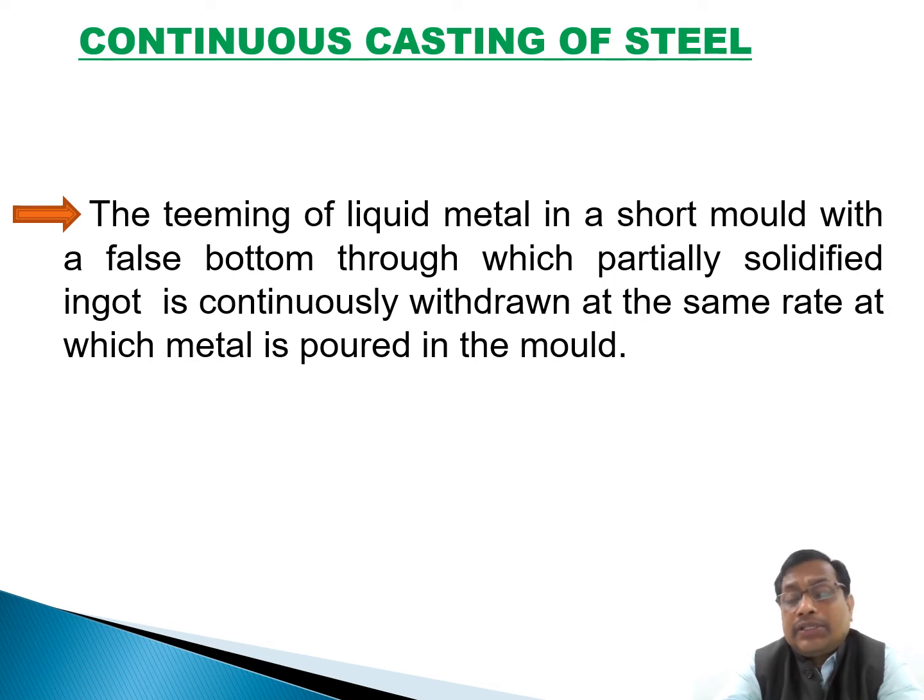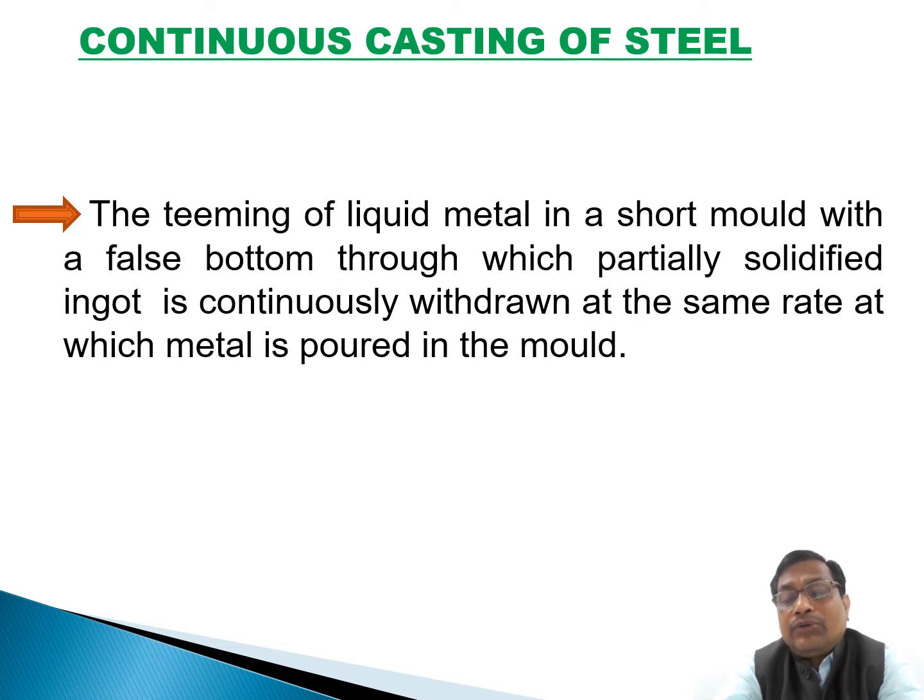Here I have written: pouring of liquid metal into a short mold with a false bottom, through which the partially solidified ingot is continuously withdrawn at the same rate at which metal is poured into the mold.